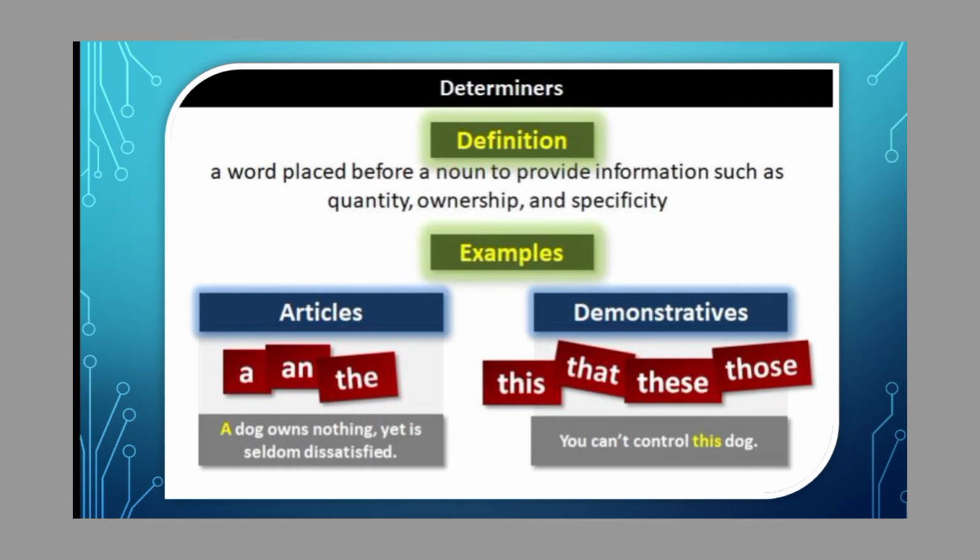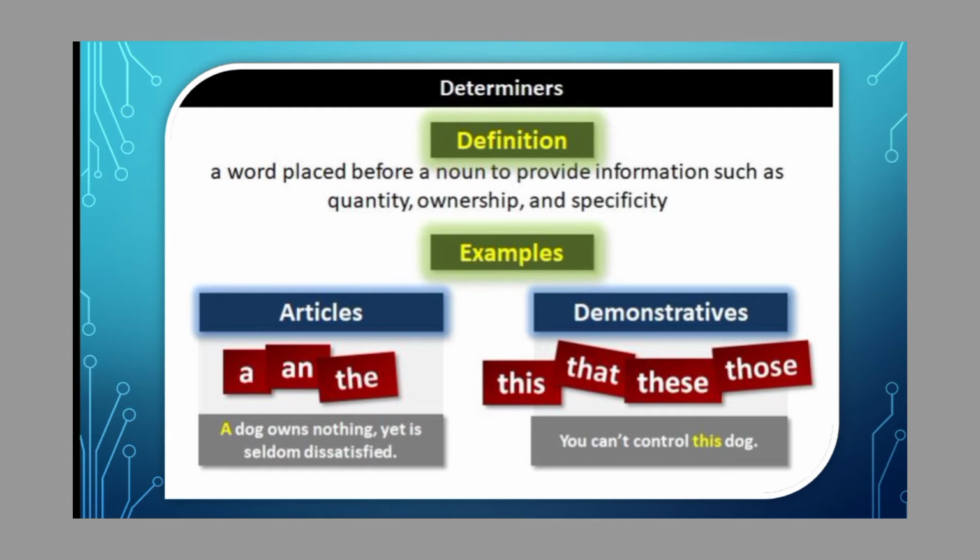So we use a and an for singular nouns. The acts as a definite article, and a and an act as indefinite articles. Okay, the next one, demonstratives. How many demonstratives are there in English?